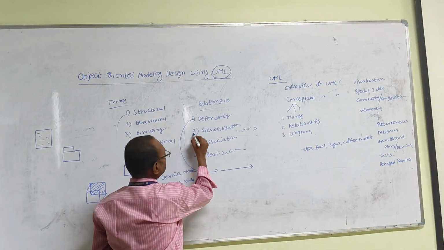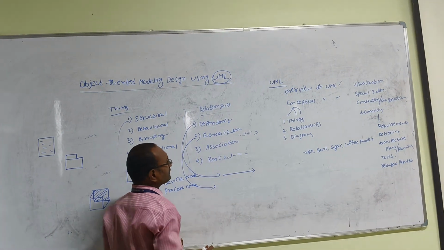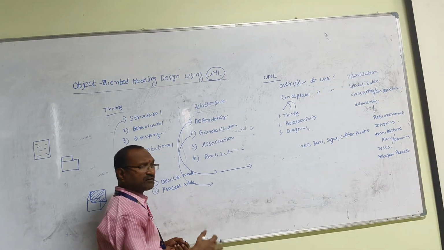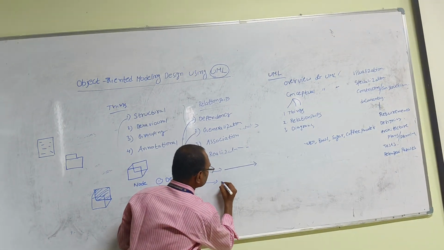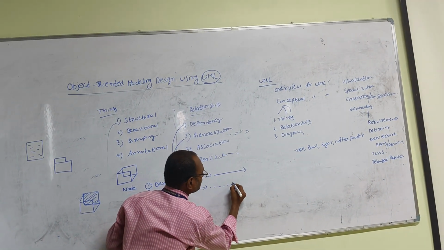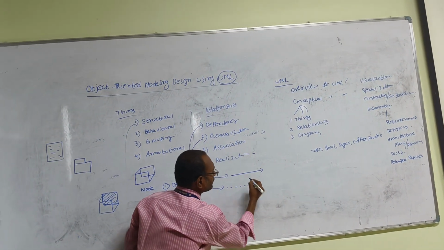Next, the generalization symbol. Generalization represents the relationship between the general and the specific. It is defined as a line with a solid triangle.